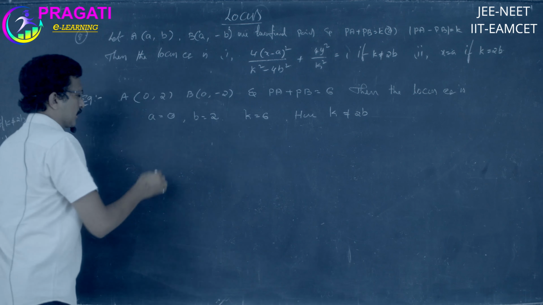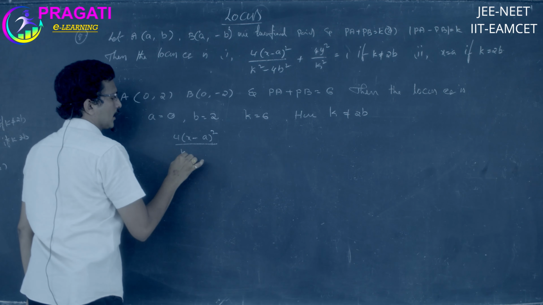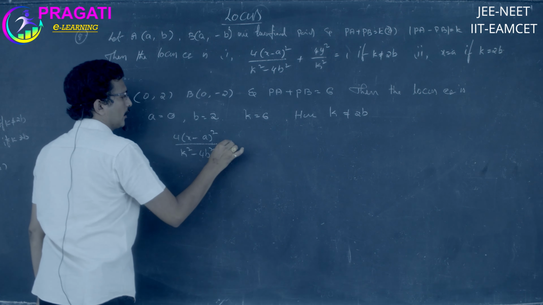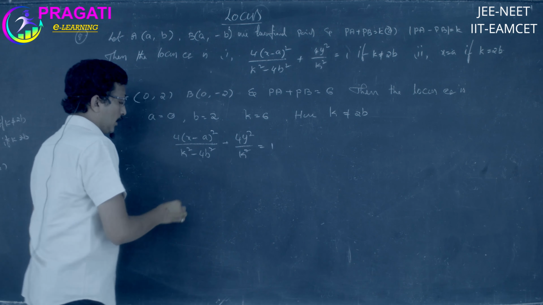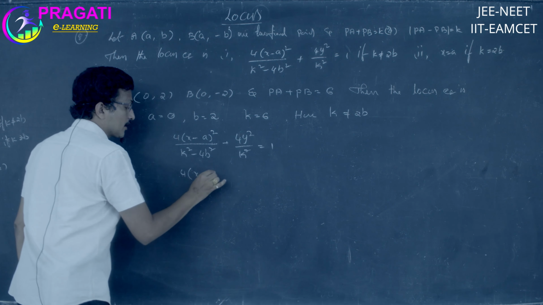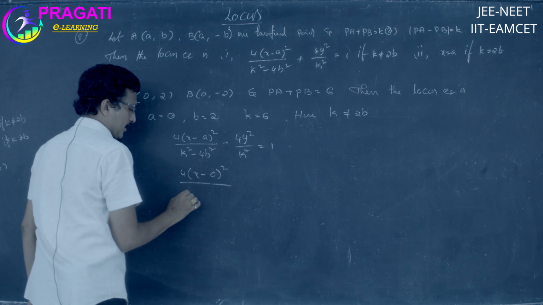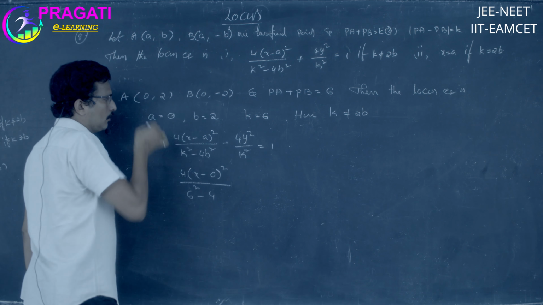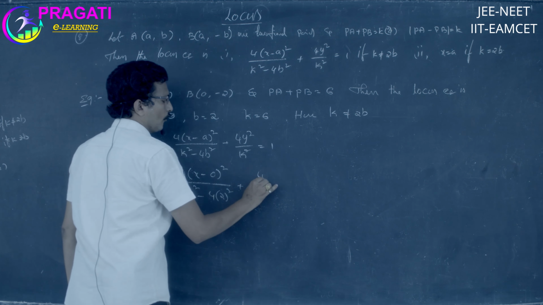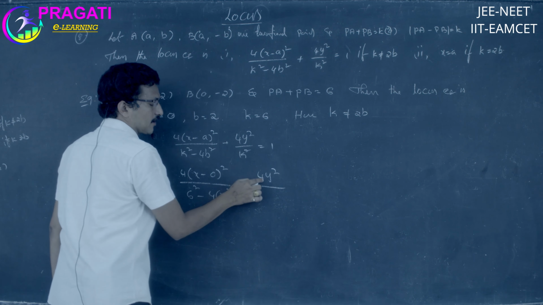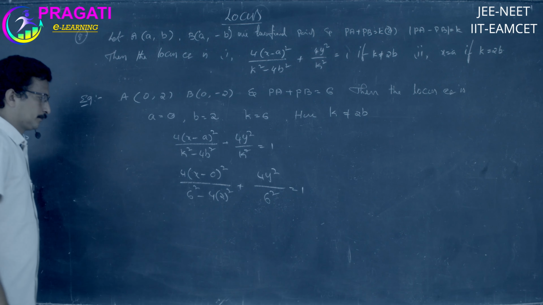Here the formula is 4 into (x minus a) whole square by k square minus 4b square, plus 4y square by k square is equal to 1. Here 4 into (x minus 0) whole square by 6 square minus 4 into 2 square, plus 4y square by 6 square is equal to 1.